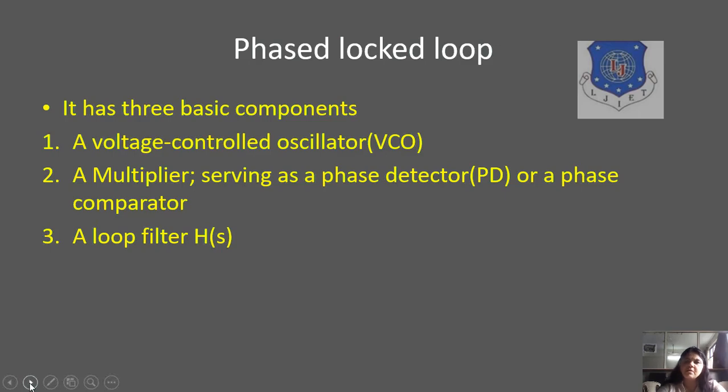So three basic components are required for the phase lock loop: voltage control oscillator, multiplier, and the loop filter. Using all these, we can draw the block diagram and the equivalent circuitry for the PLL.